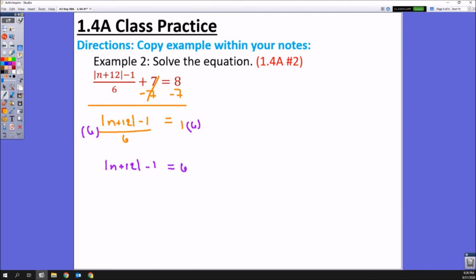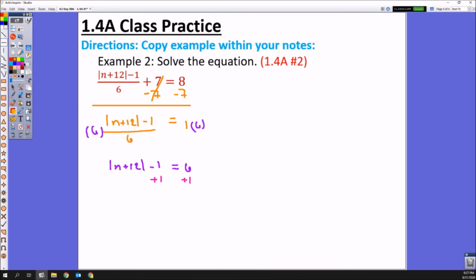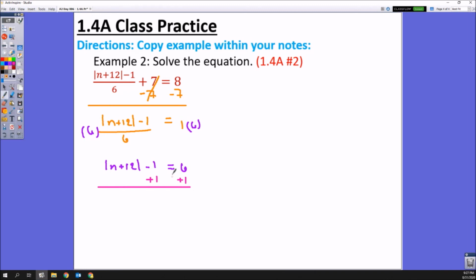Next, in order to get the absolute value by itself, I have to get rid of the minus 1. So the opposite of minus 1 is plus 1. So I'm going to add 1 on the left. Then I need to do the same thing, add 1 on the right. So when I added 1 to both sides, what happens is these two 1s cancel out. Like I said before, you don't have to write the 0 because it won't change whatever you have on the left side.